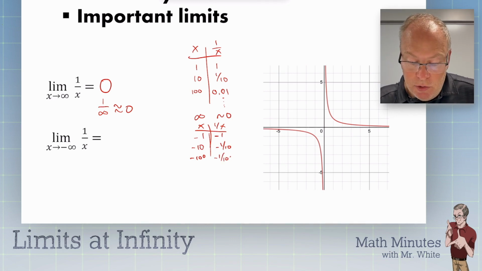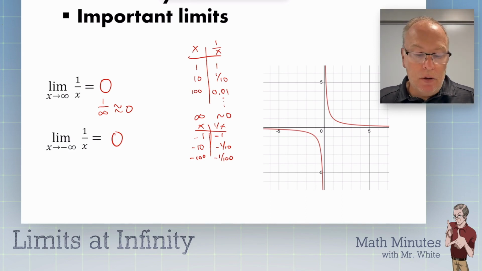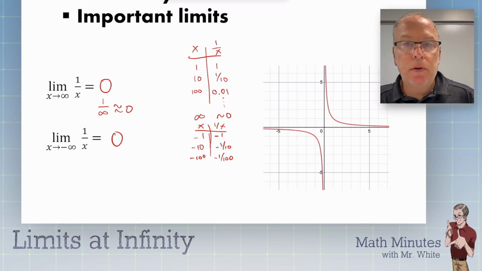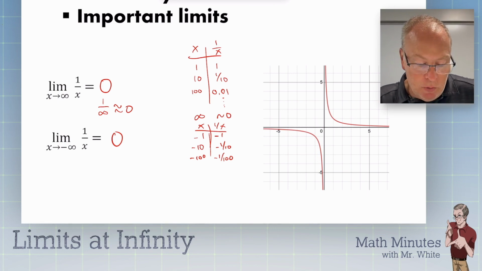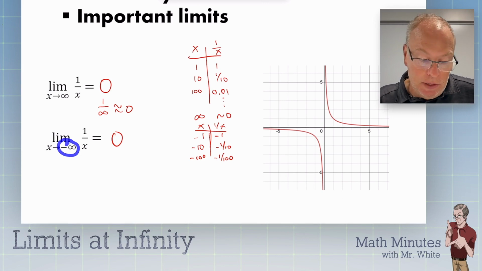Negative 1/100th. You see, we're getting close to 0 on the left side also. Let me highlight this here for you. So over here, we are getting really close to 0 as we imagine plugging bigger and bigger negatives in.